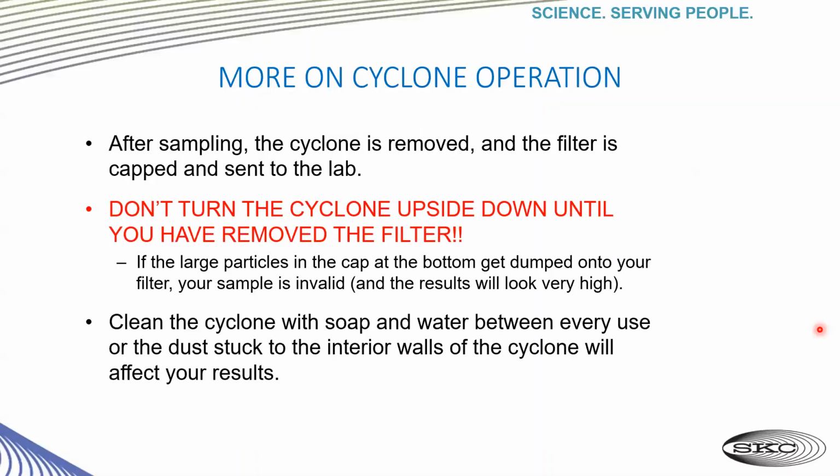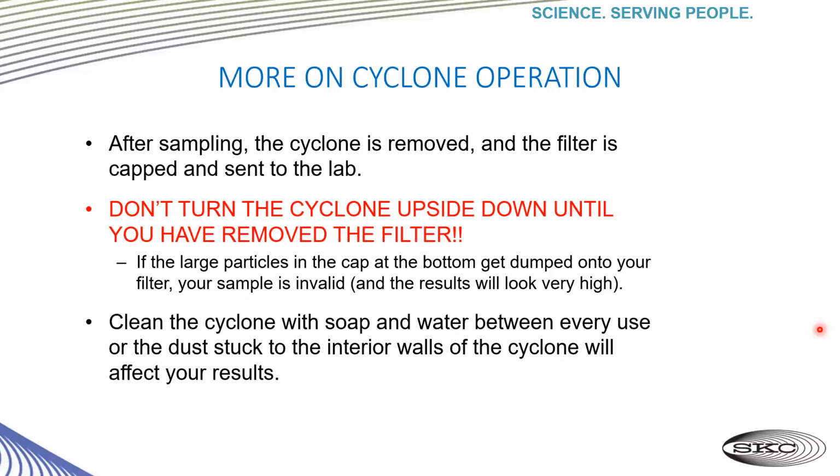Now we're going to discuss some of the cyclone's issues that we hope to alleviate when designing the PPI. After sampling, the cyclone is removed from the subject and the filter is capped and sent off to a lab. However, you have to be extremely careful not to turn the cyclone upside down when you go to remove the filter.